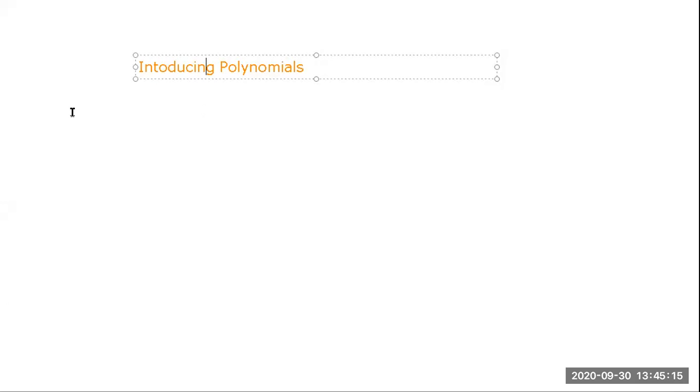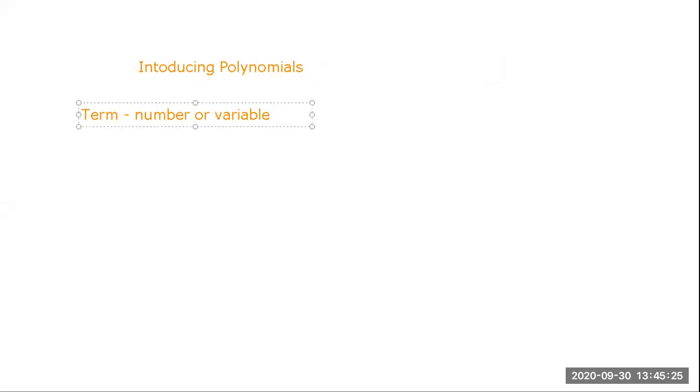The first one that I want to look at is a term. A term is a number or variable, or the product of both a number and a variable.